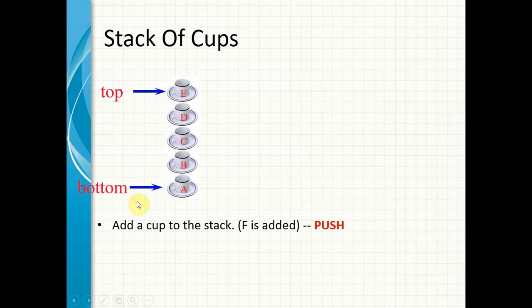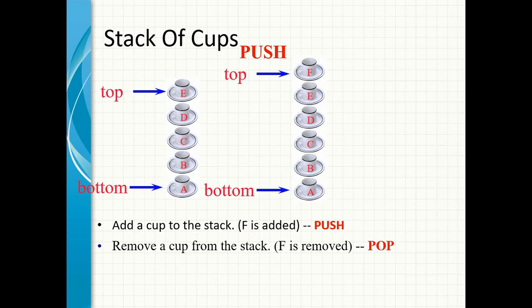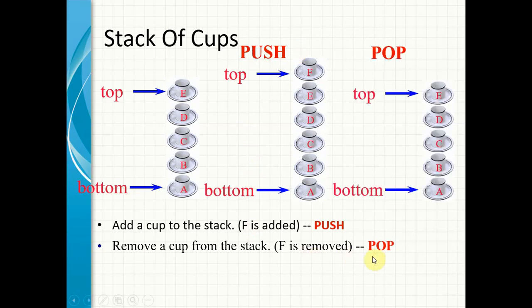If you put one more to this stack, that is an action of push, that is, add one more item in the stack. And if you remove a cup from the stack, it means that you must take from the top. Therefore, the action is called pop. So it obeys the principle of last in, first out.